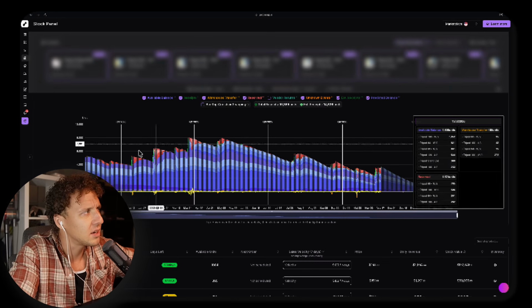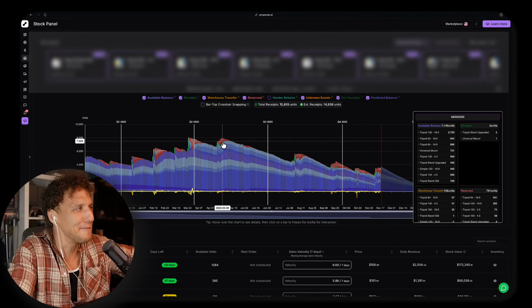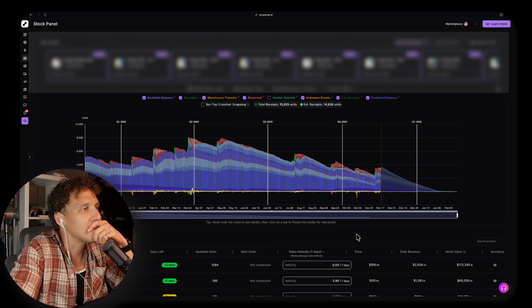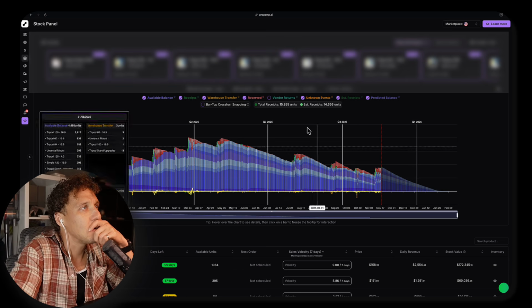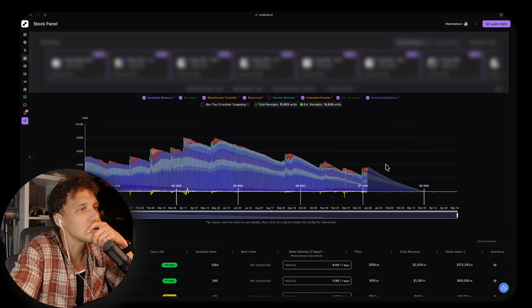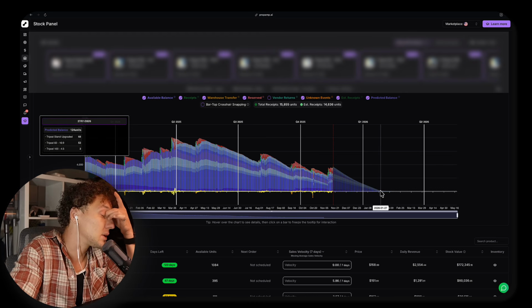This is good and terrible at the same time. We had 7,000 units at one point. How much storage did we pay? I don't know. Or you can see the prediction span for the future, 6 months. We don't need 6 months because we see that the inventory will be depleted by the end of January. So we need to order ASAP.